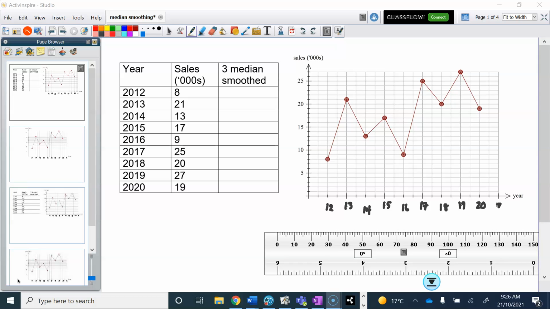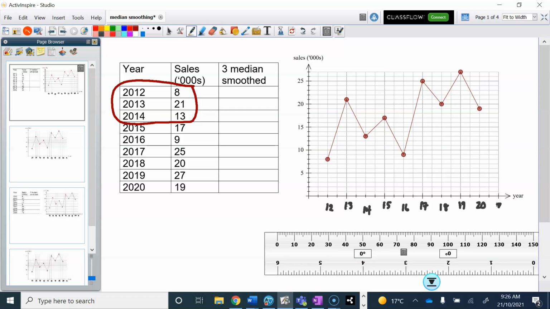So what we're really doing is taking the first 3 pieces of data in a 3 median smoothing, looking at those 3 pieces of data in terms of the years 2012, 13, 14. The middle year is 2013.